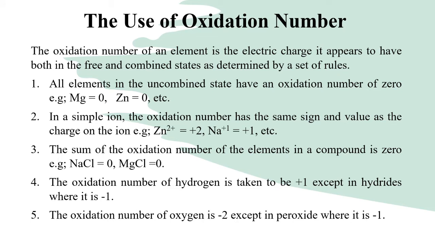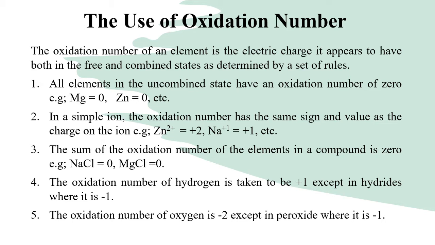The use of oxidation number. The oxidation number of an element is the electric charge that it appears to have, both in free and combined states, as determined by a set of rules.